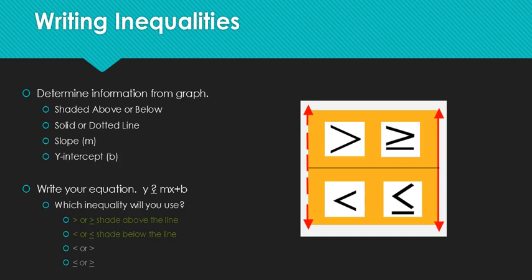If you have greater than or less than, it will be a dotted line. And if you have less than or equal to or greater than or equal to, you will have a solid line. Okay? So, that's just the information you're going to be looking for.